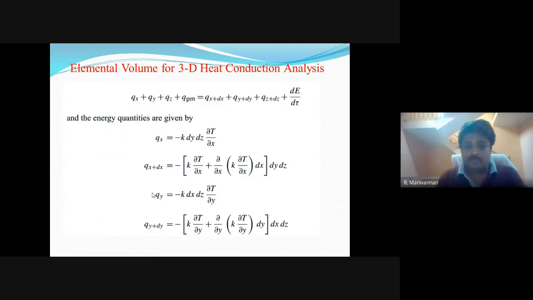Now, the rate of energy conducted in the y direction is represented by q suffix y, which is equal to minus k into dx into dz into ∂T/∂y. Again, this is the area here.